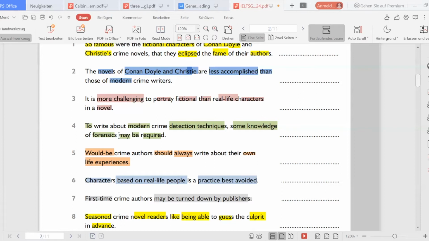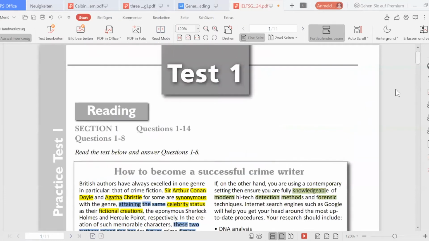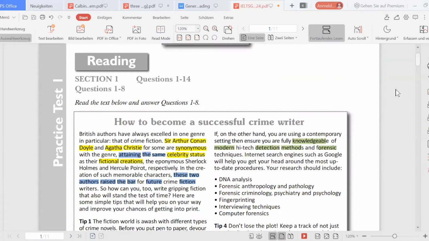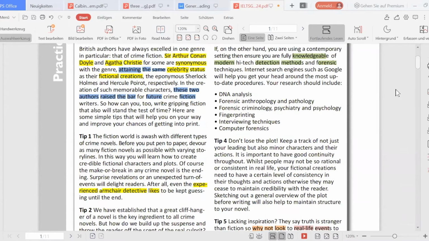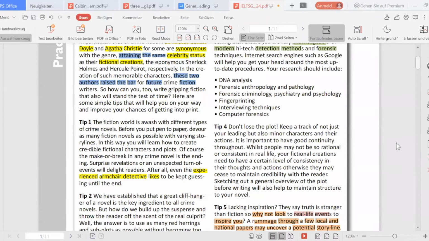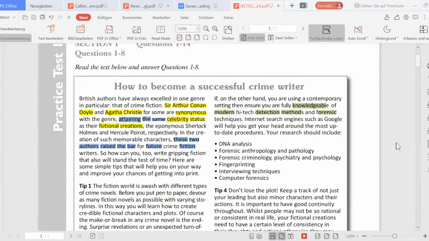So we go to the text and try to figure out the keywords. I read on from where I left off to answer question number 2, and I get to this point where I see most of my keywords: knowledgeable, modern detection methods, and the word forensic.